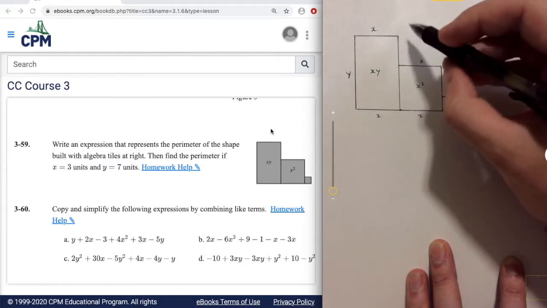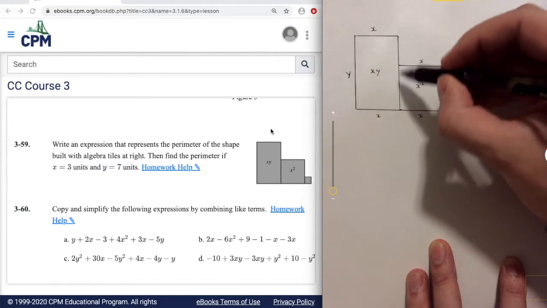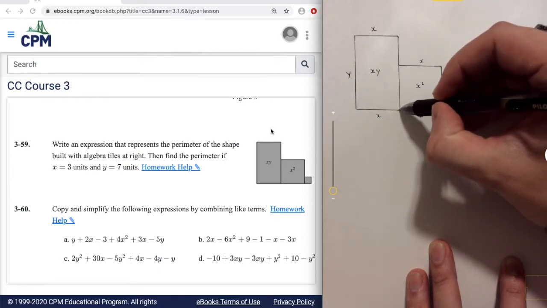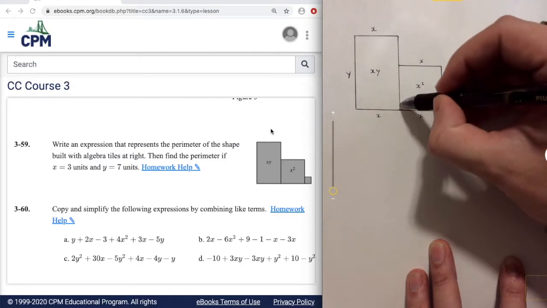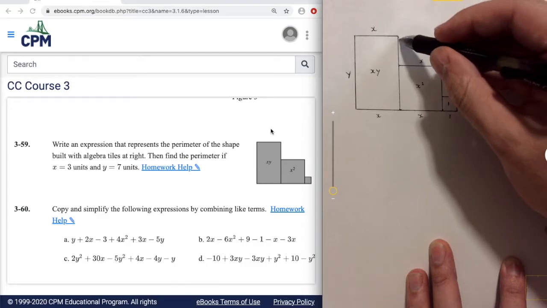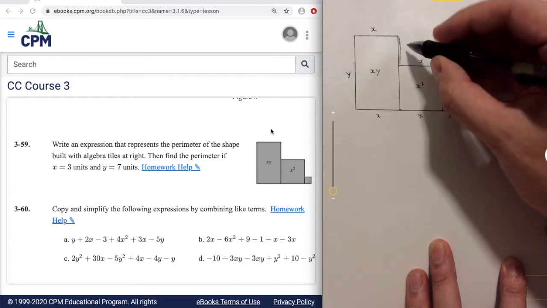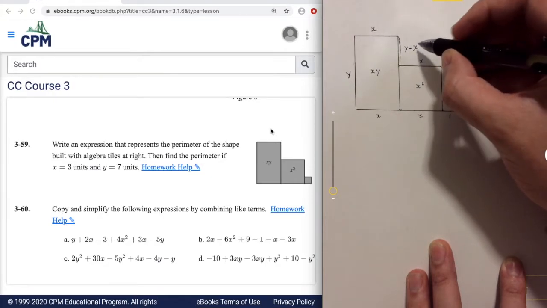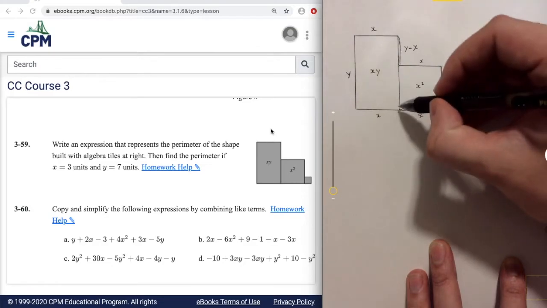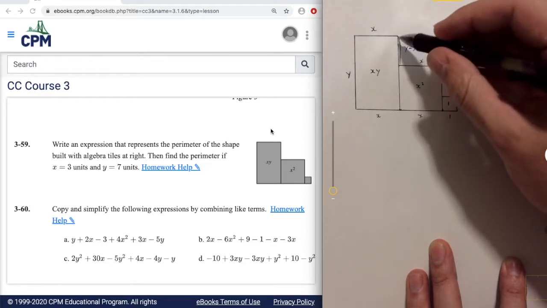We can do that by saying, if this is length y, and then we're taking away from that length x, then from here to here, this little part right here, is going to be y minus x. Because it's what's left over once you take x away from the length of y.